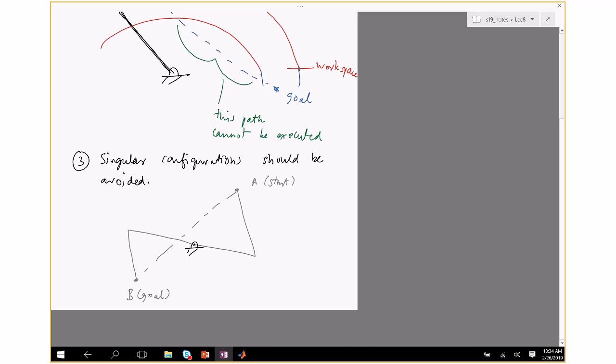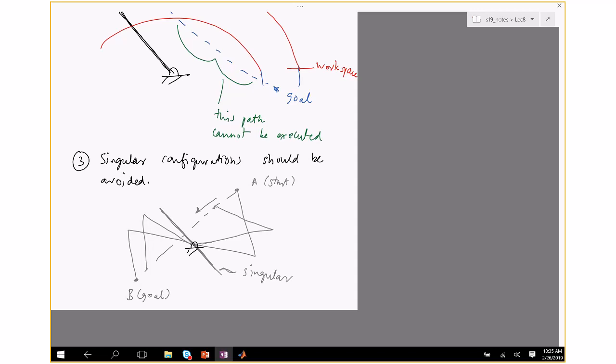When the manipulator reaches this position, it's singular. It's passing this way, but when it is here, singular.